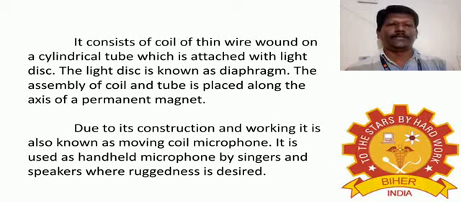The light disc is known as diaphragm. The assembly of coil and tube is placed along the axis of a permanent magnet. Due to its construction and working, it's also known as moving coil microphone.